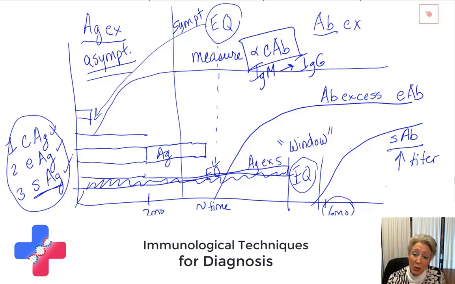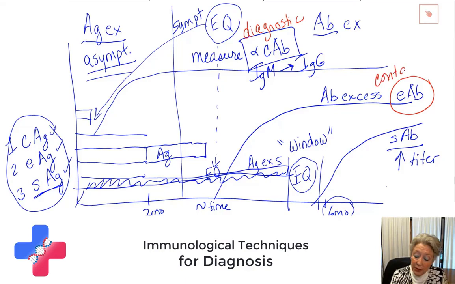But when I think about what the antigen-antibody pairs do for my understanding, realize that my diagnostic antibody is going to be my C antibody. What I'm going to learn from my E antibody is whether or not my patient is extremely contagious.